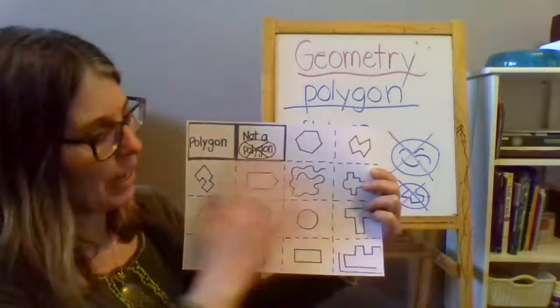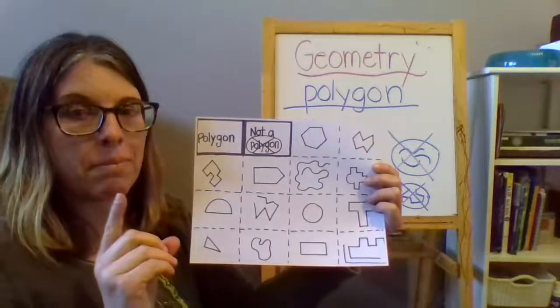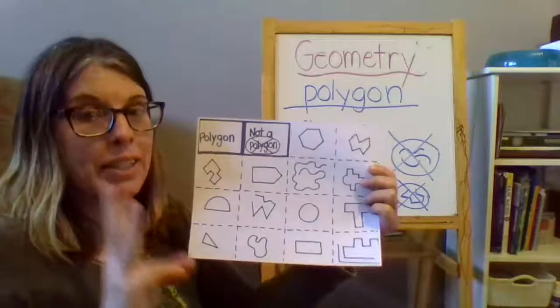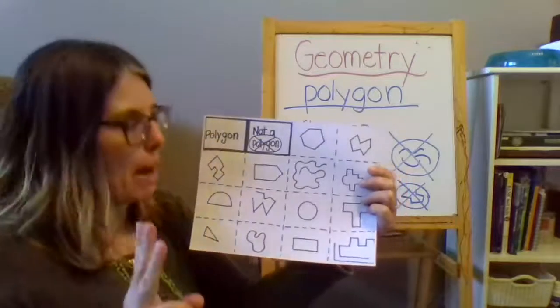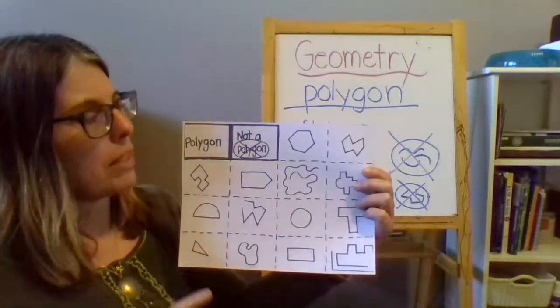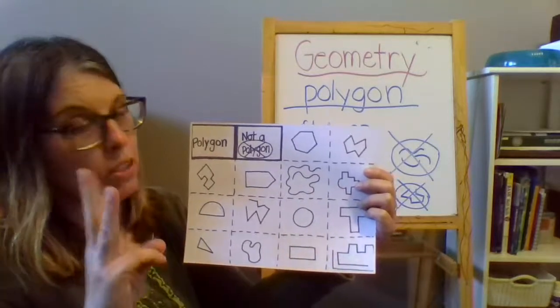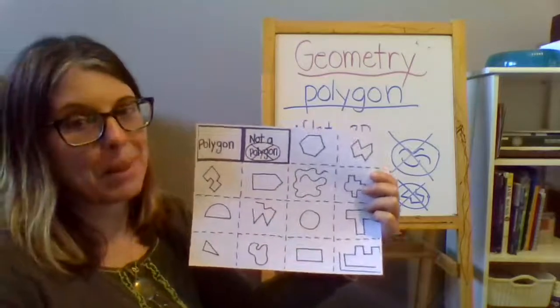Okay, so you're going to have to look at each of these and ask yourself, is it flat? Does it have straight lines? Is it closed? If you can answer yes to all three of those questions, it's a polygon. If you answer no to one or two or three of those questions, it is not a polygon. And it goes in the not a polygon column.